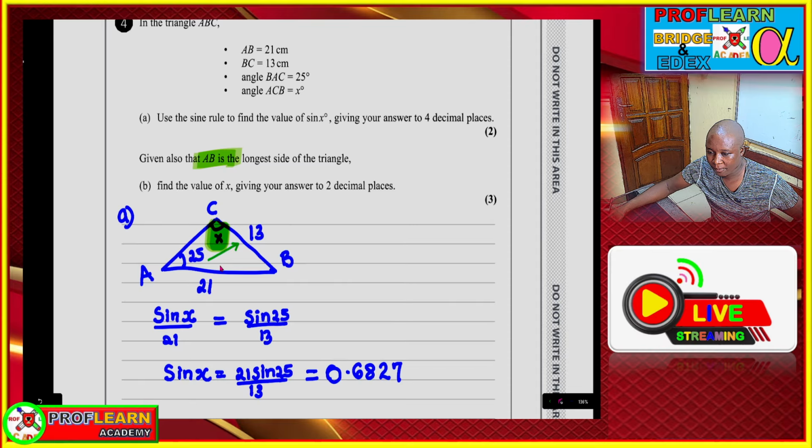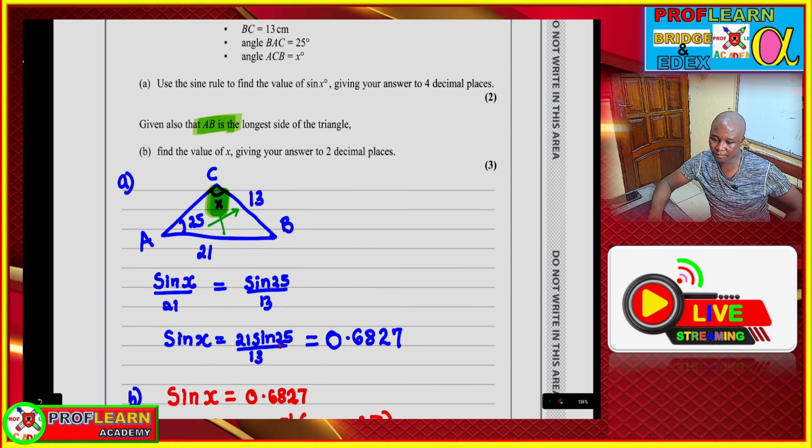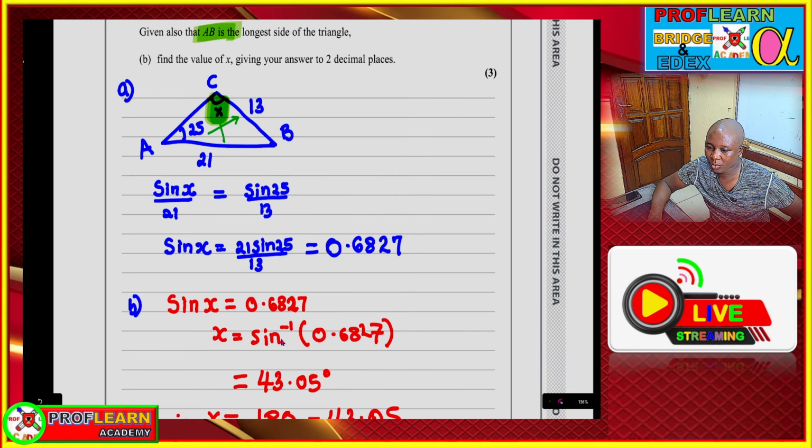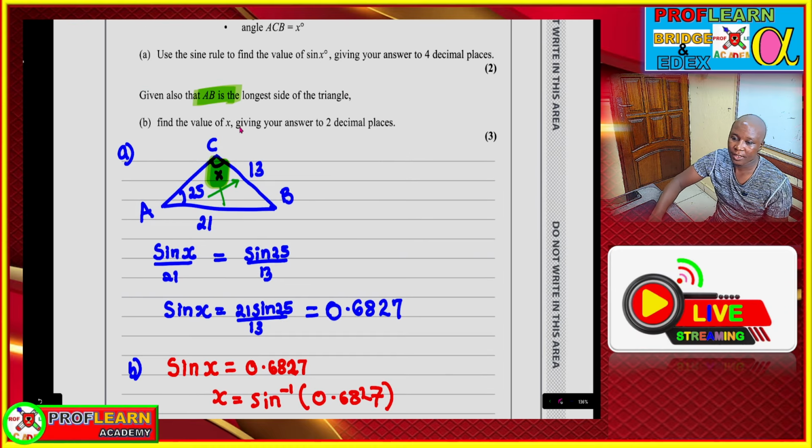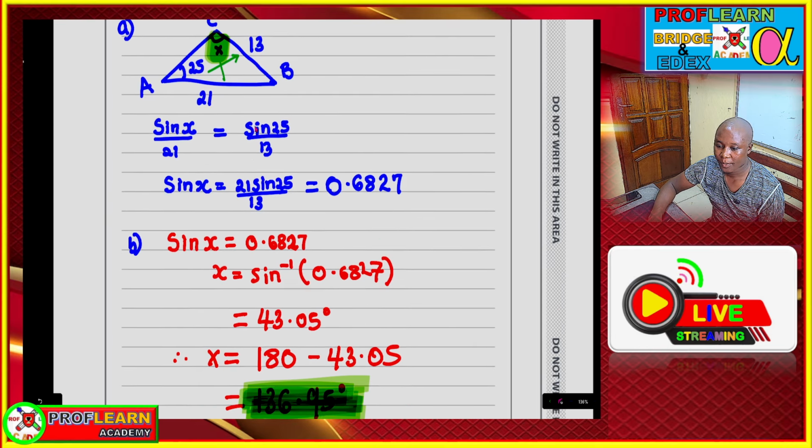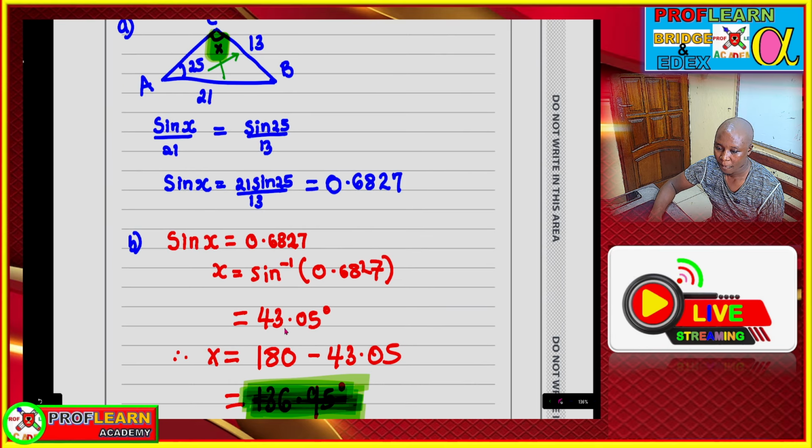So that is why I say sine x over the opposite side is equal to sine 25 over the opposite side, which is 13. So if you work it out, you're going to get sine x is equal to 0.6827.